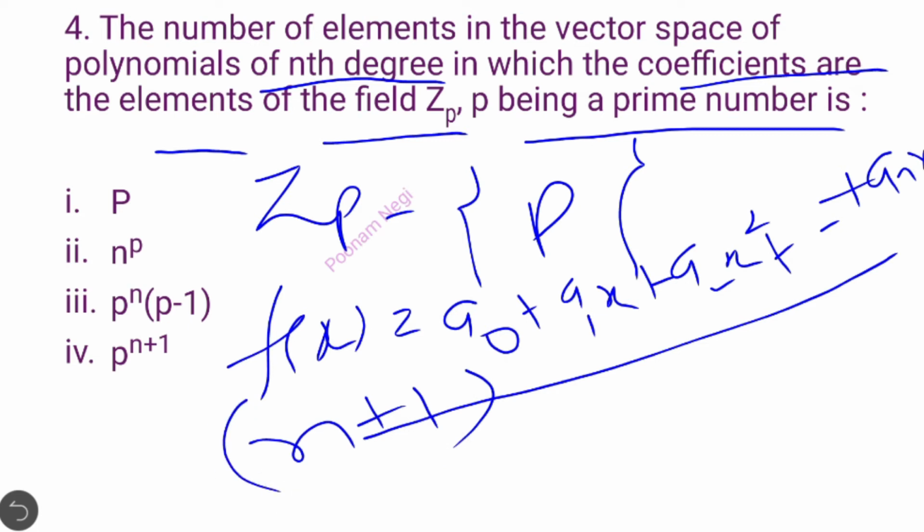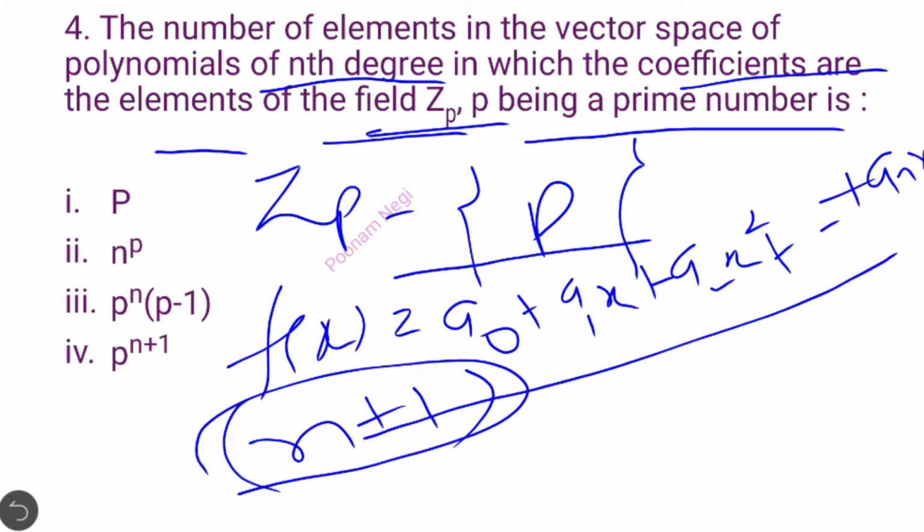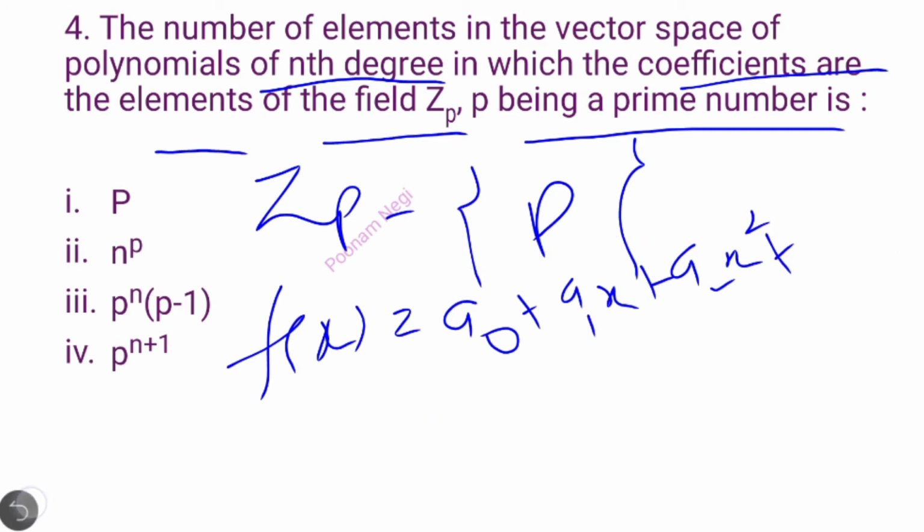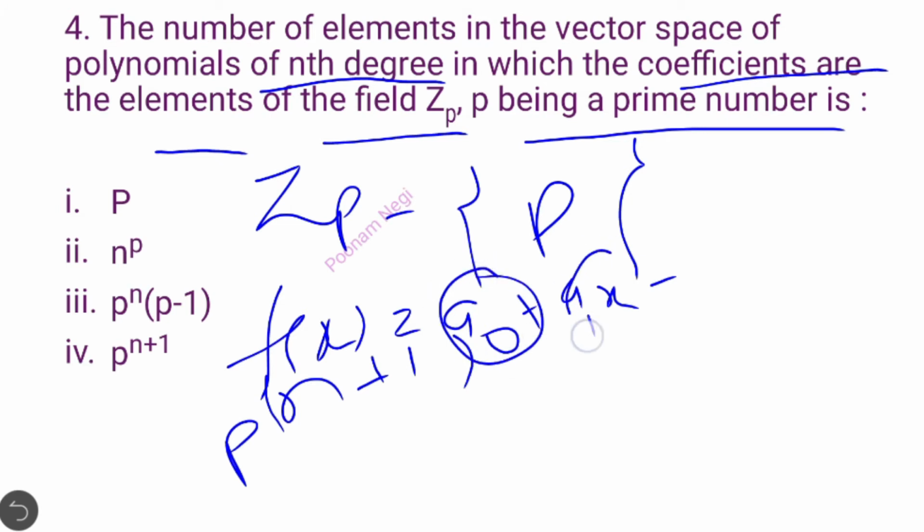We have p distinct elements in this field Zp and n plus 1 terms in this polynomial. That's why the correct answer will be p to the power n plus 1, because each term a0, a1, a2, up to an can be filled in p different ways. That's why the final answer will be p to the power n plus 1.